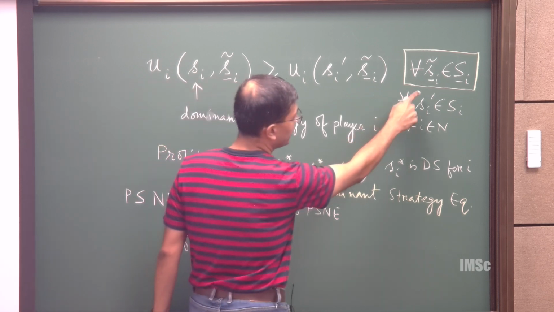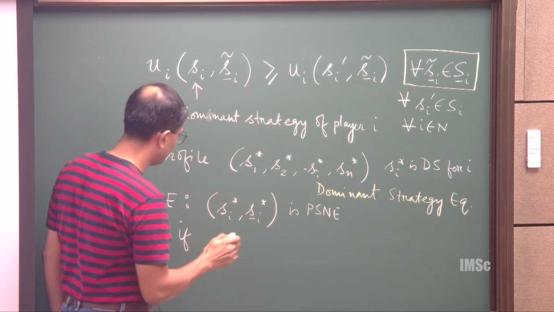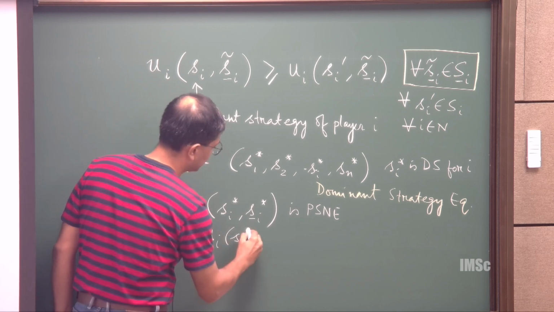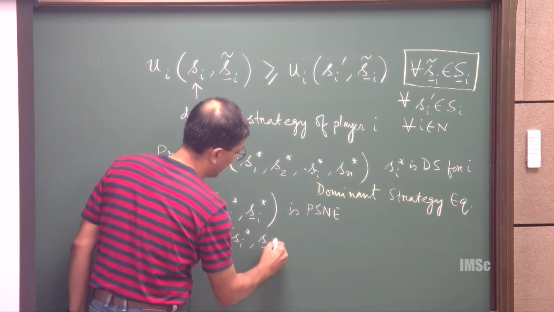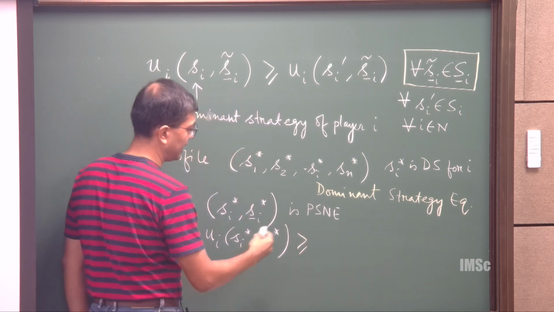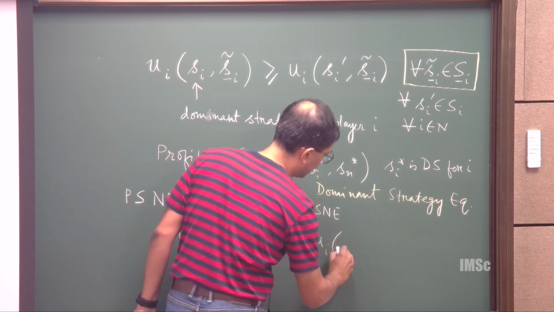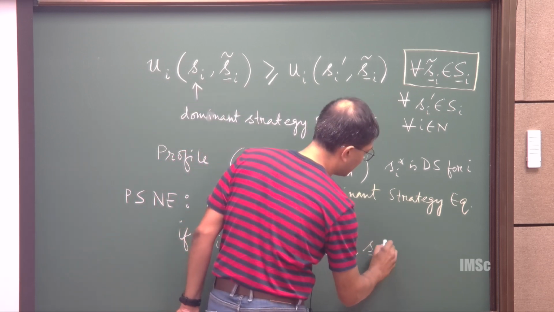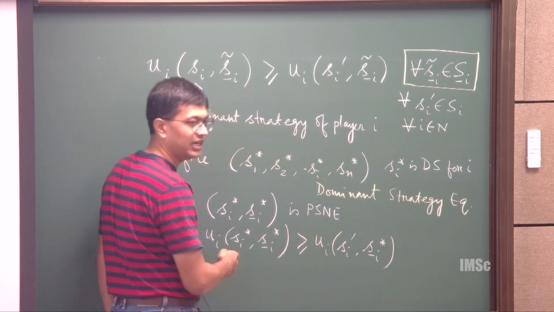There won't be any qualifier like this. So this is very important to remember, that you have the utilities. Now, Si star, if everybody is playing at that equilibrium, is better than any other strategy you choose, let's say Si prime, while other players continue to choose what they were choosing earlier.